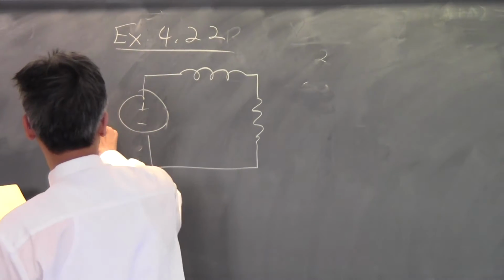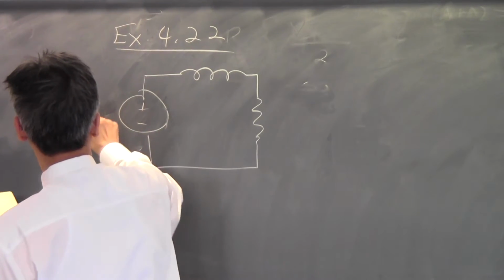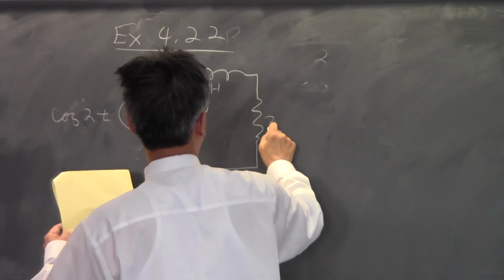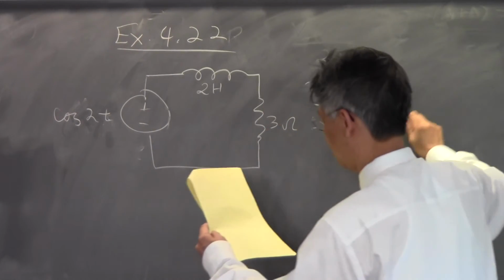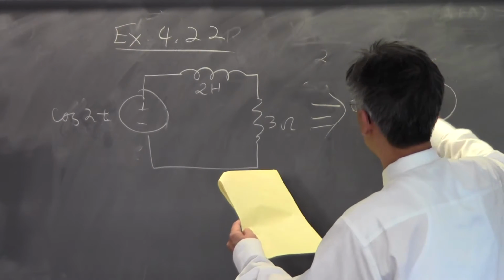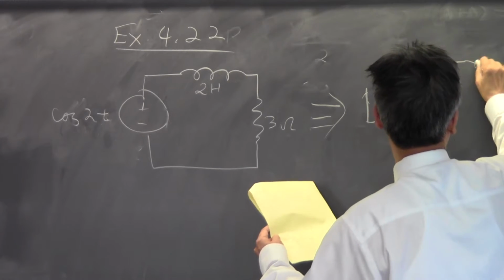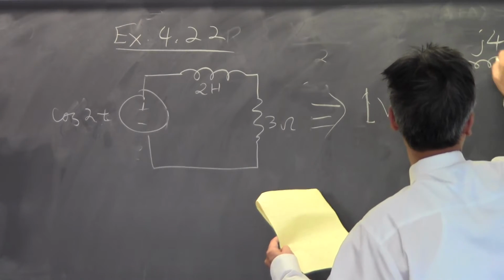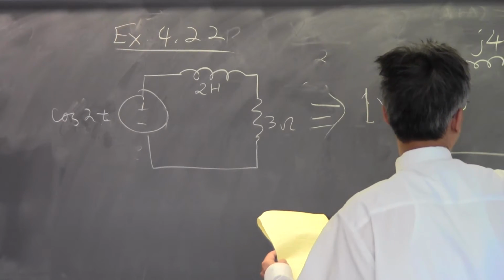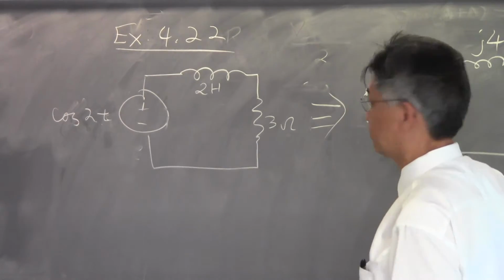You have cosine of 2t, and then you have 2 henries over here, 3 ohms over here. So the first thing is to convert this into a phasor circuit with a V of 1 volt, and then with an impedance of j4 over here, because omega equals 2, and then R is equal to 3.